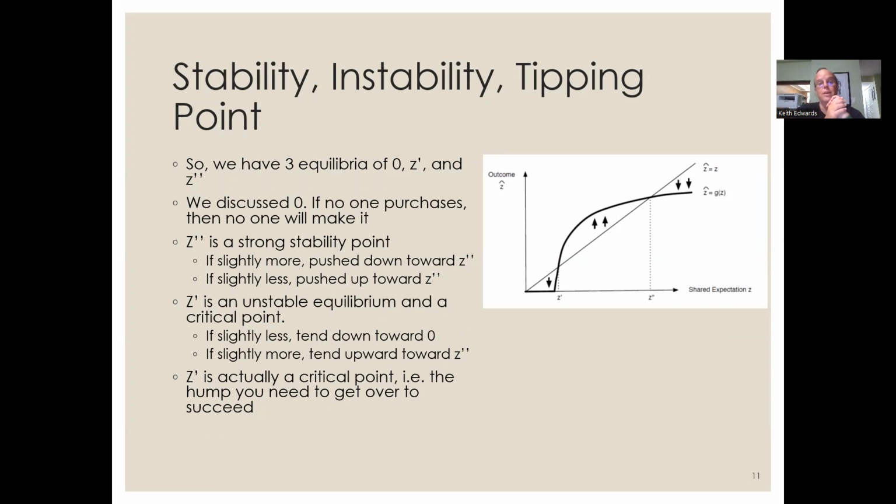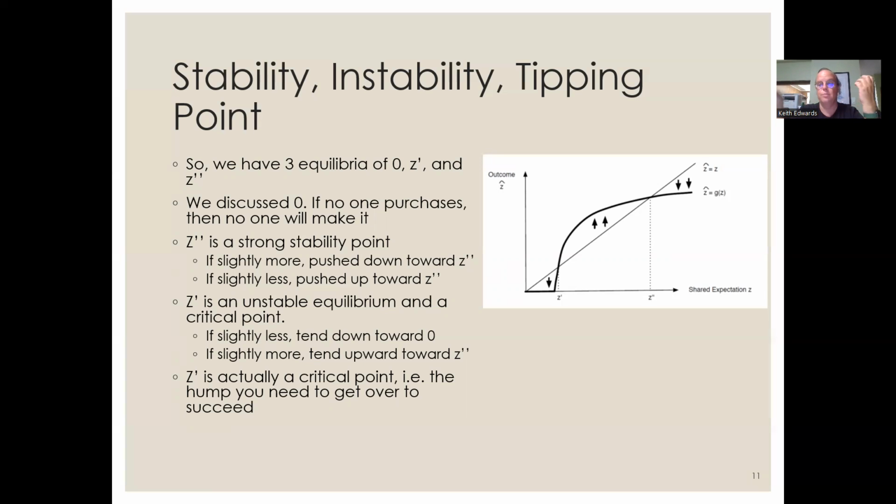Z prime is an unstable equilibrium, and a critical or tipping point. If slightly fewer people purchase it, then we trend down towards 0. Nobody's going to really want it unless there's that critical mass. If it's slightly more, then we trend upward towards Z double prime. So it's a critical point. That's the hump you need to get over to succeed.